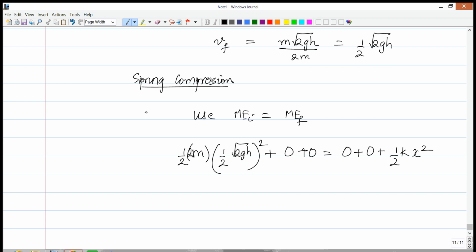So the half cancels out, and all we are left with, if you do this carefully, is 2 times m over k times (1/2 square root of 2gh)² is equal to x².